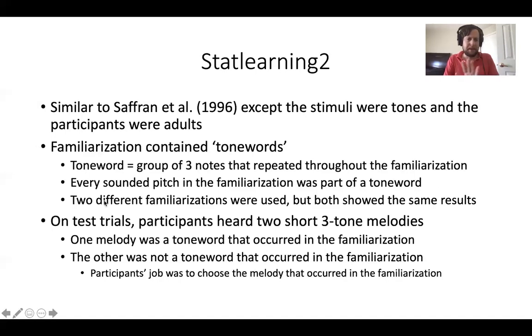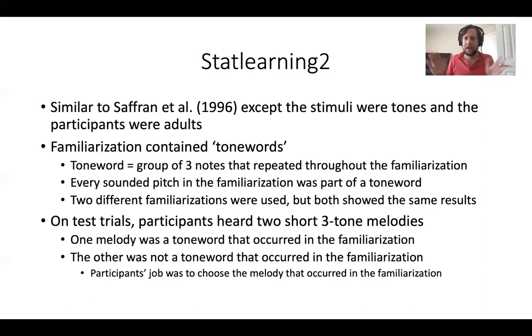This is something that I need to say because it will help you understand; if you don't know it, it might confuse you on the figure I'm about to show you. There were 2 different familiarizations used in Stat Learning 2, but they basically showed the exact same pattern of results. In one familiarization there was one set of tone words, and in another there was a different set of tone words.